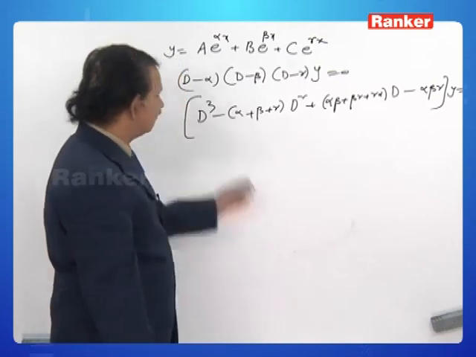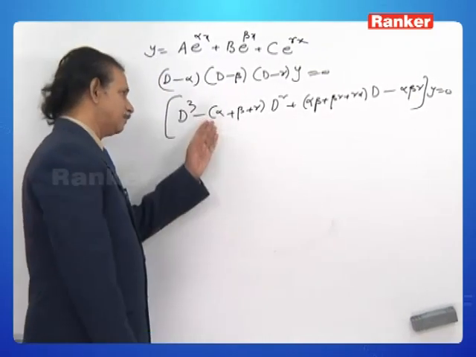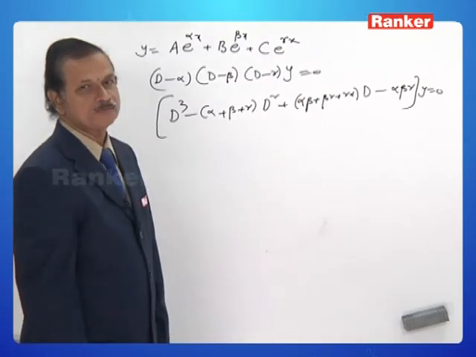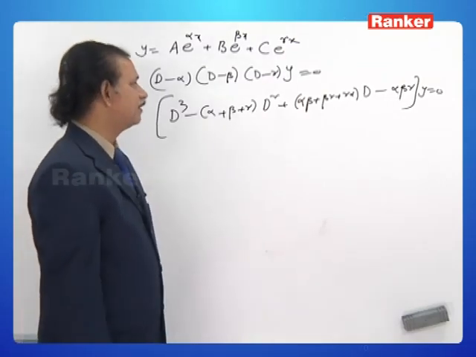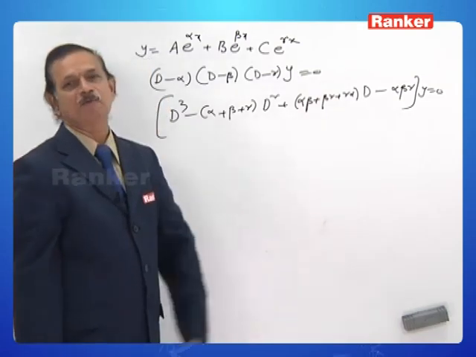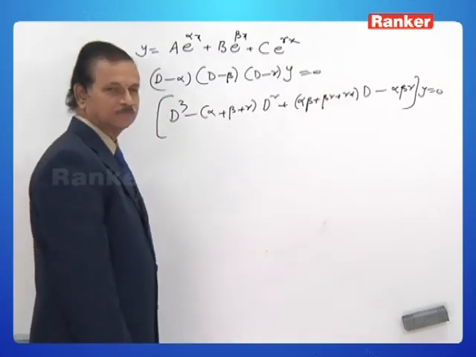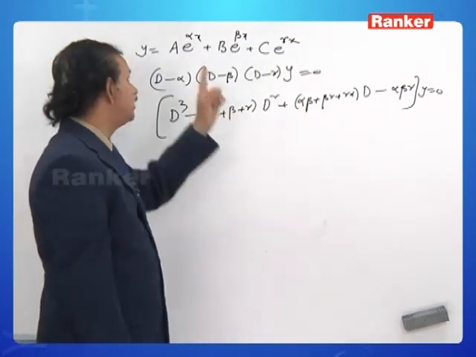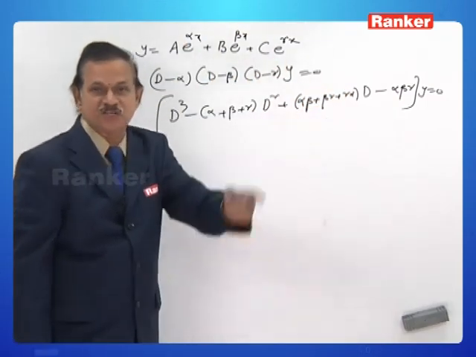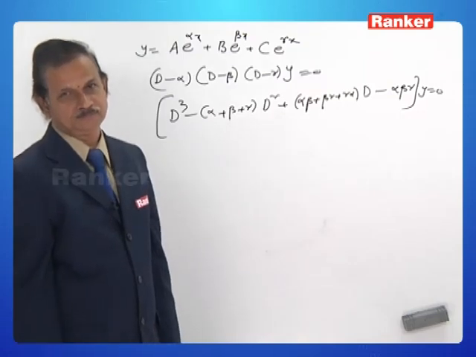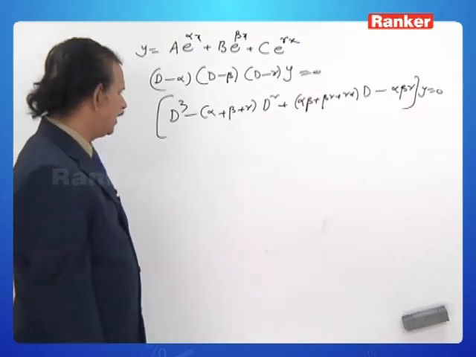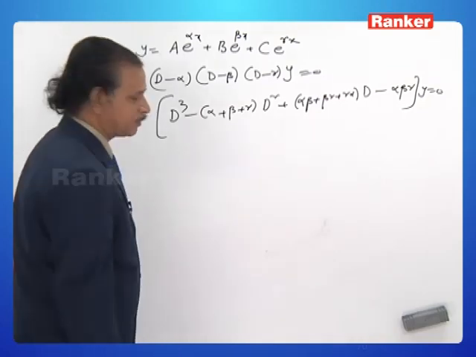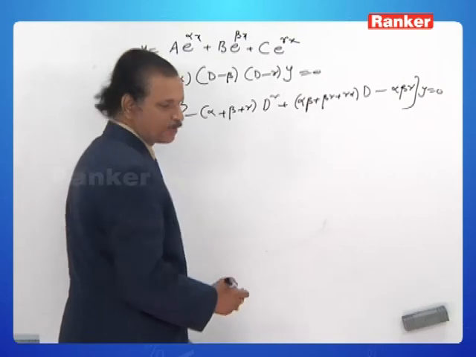That is d cube y by dx cube minus (alpha plus beta plus gamma) d square y by dx square plus (alpha beta plus beta gamma plus gamma alpha) dy by dx minus alpha beta gamma y is equal to 0. This can be extended to as many functions as you like, provided these alpha, beta, gamma, etc. must be distinct. It's a beautiful result. As a matter of practice, let us deal with one more such problem.